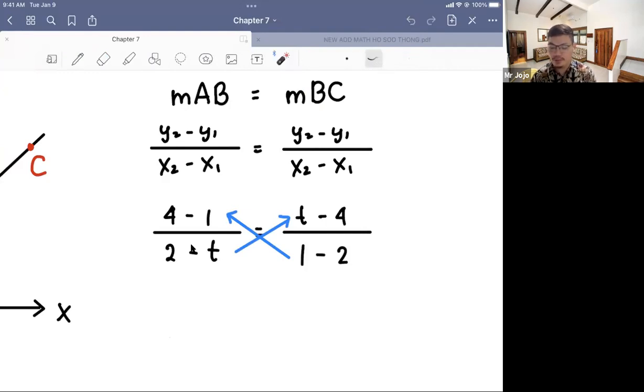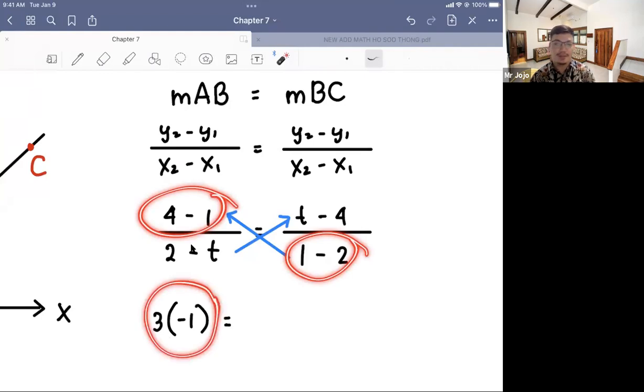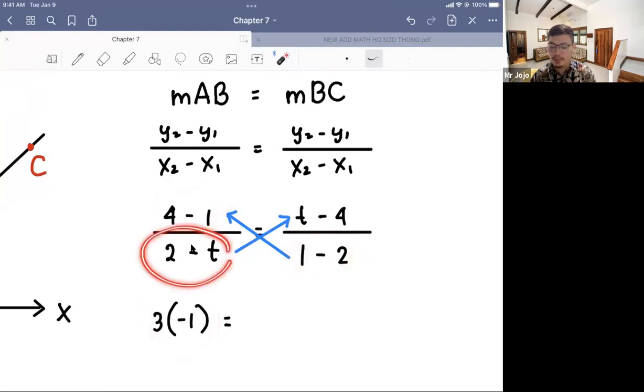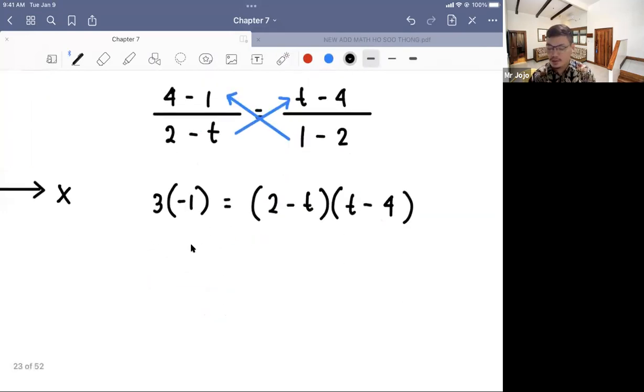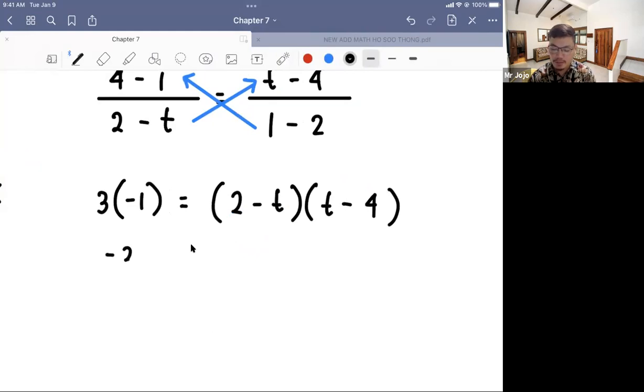Again, this times this will give you 3 times negative 1. And then let's multiply this and this one. You'll get 2 minus t, and then t minus 4. There you go. And then you simplify from here. You bring down negative 3. So what's your answer here?